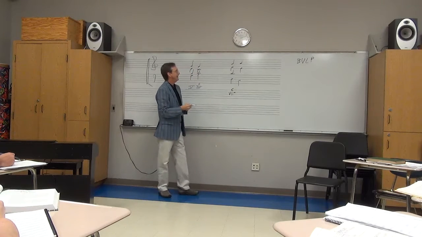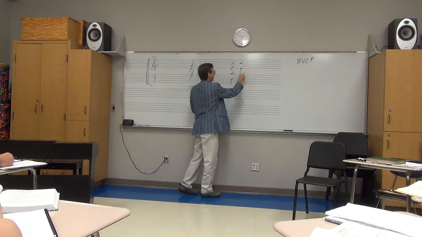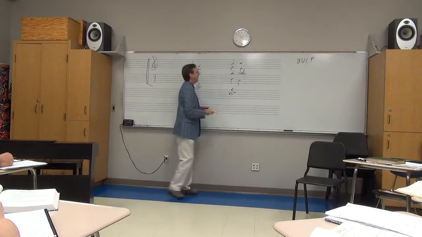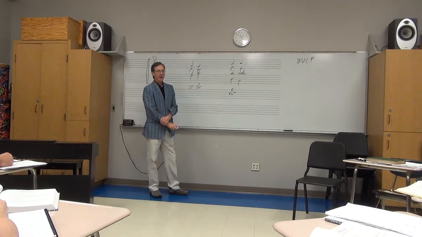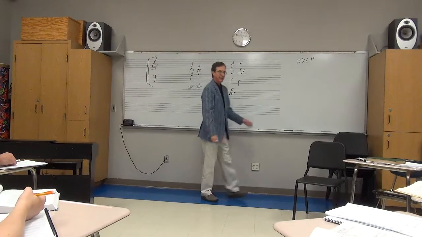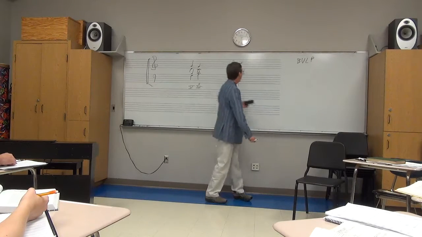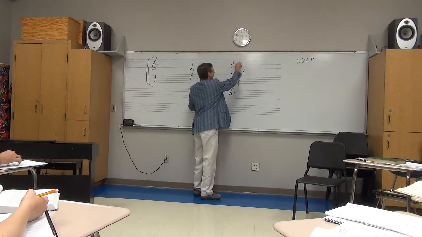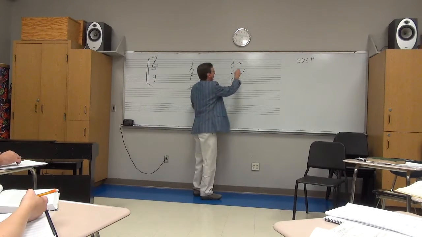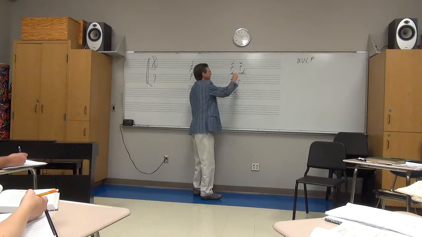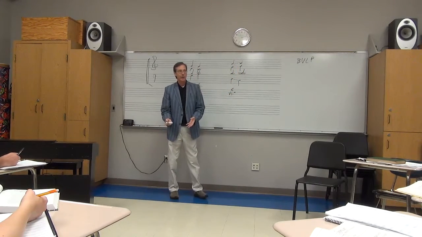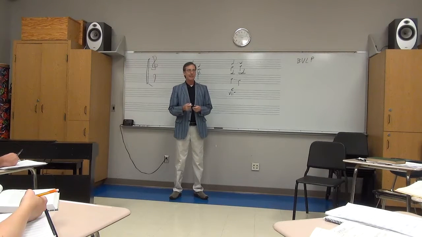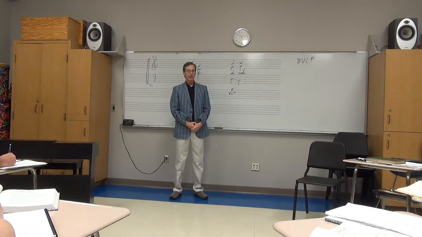Now, if I do that D there, clearly that's very weak, where I've doubled the third and doubled the root. That's not something that's done so much. So here is the alternative in your four-part writing to this true close. The augmented fourth is allowed to resolve in similar motion to a perfect fourth. Okay?